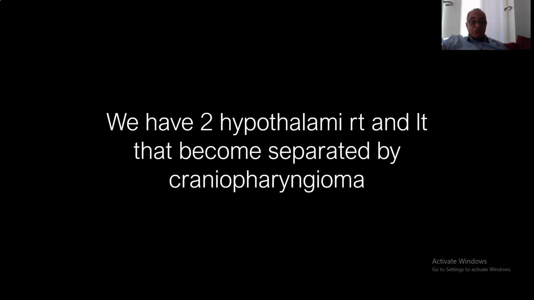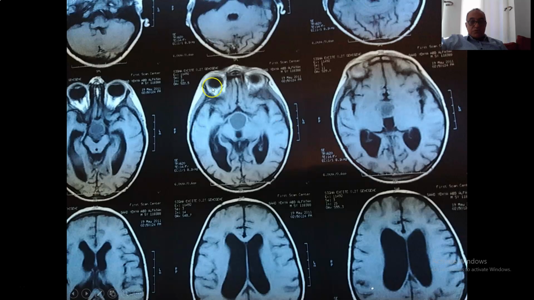We actually have two hypothalami, right and left, that become separated and evident in cases of tumors like craniopharyngiomas. So this is an MRI picture of a patient with craniopharyngioma, and you see here separating the left and the right hypothalami.